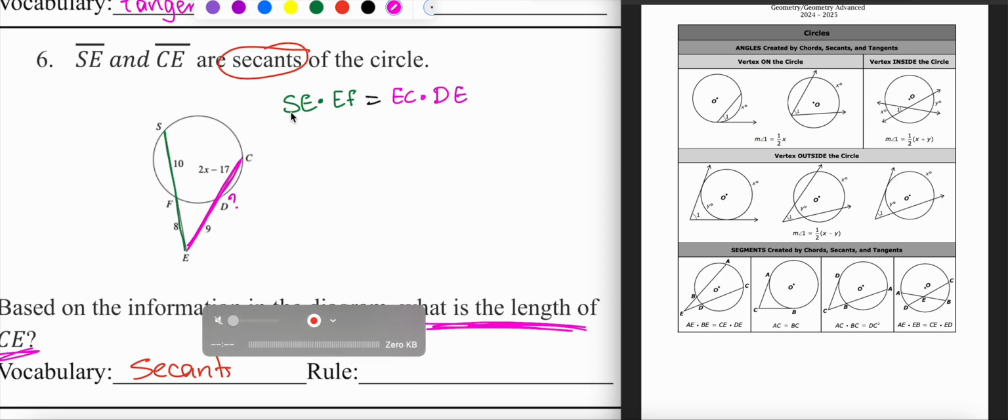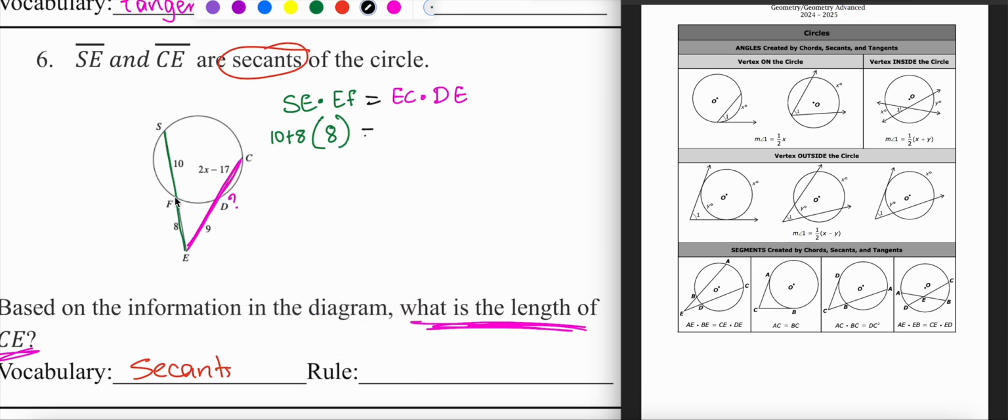All right, so now that we have it, we're going to find the length from S to E. So the length from S to E is going to be the 10 plus the 8, which is 18. So the 10 plus the 8, multiply EF. EF is going to be 8. Equal EC.